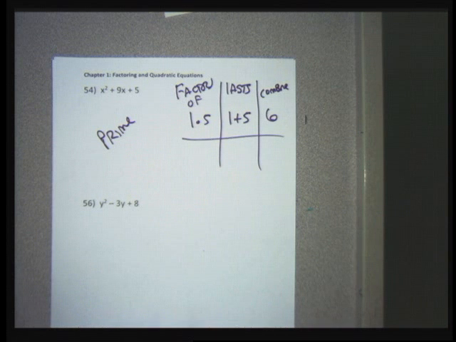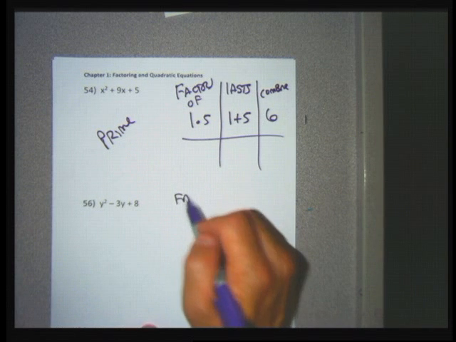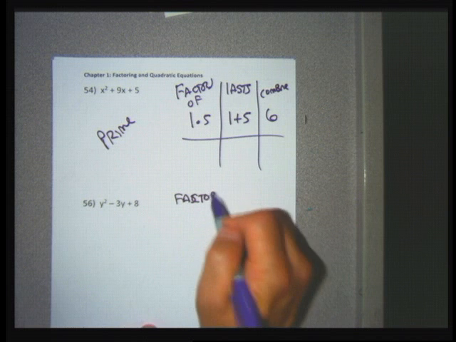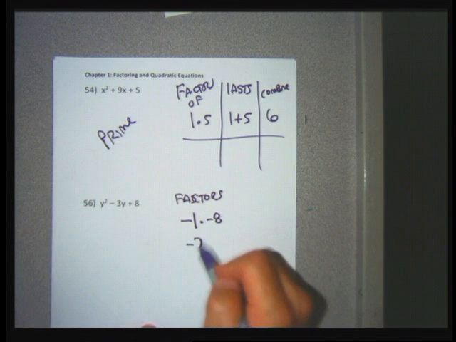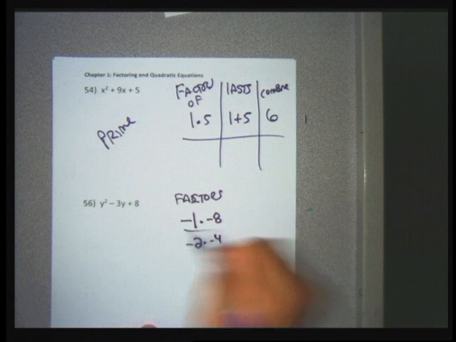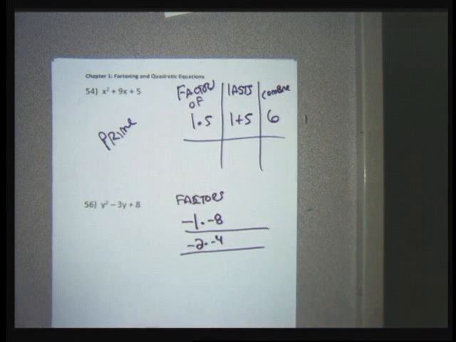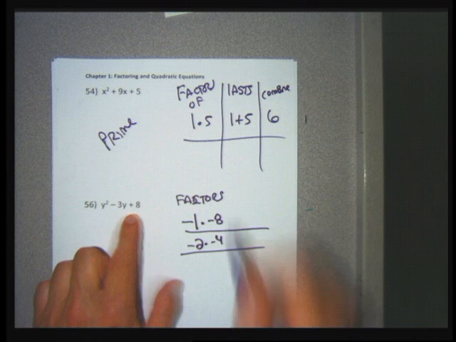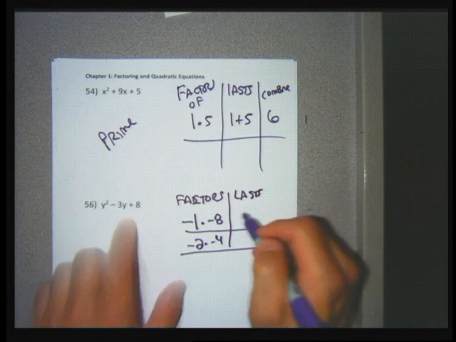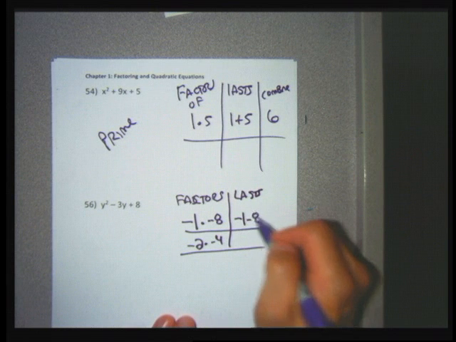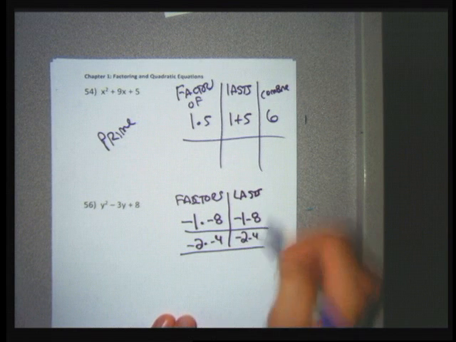For 56, I need to have factors of 8, and I need numbers to multiply to be a positive 8, and I also need to get some negative signs incorporated, so the only choices are the double negative factors, because double negatives multiply out to be positives. This would allow my last to be negative 1 and negative 8, or negative 2 and negative 4.